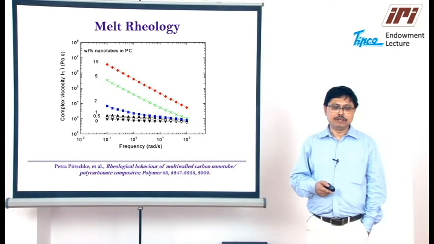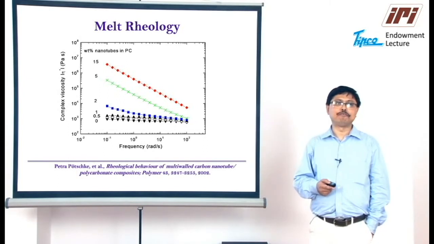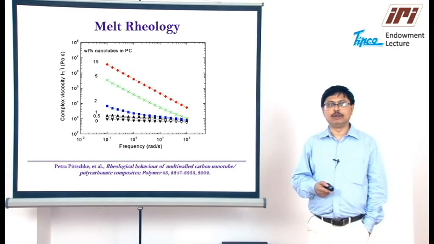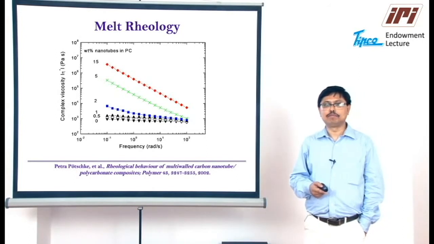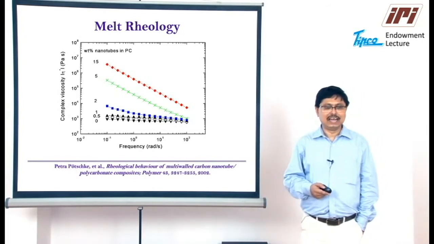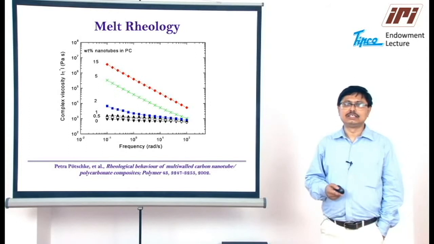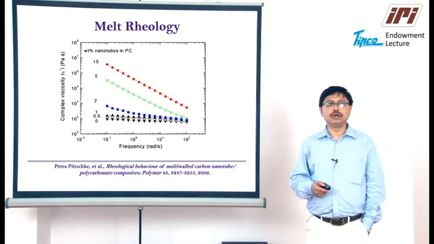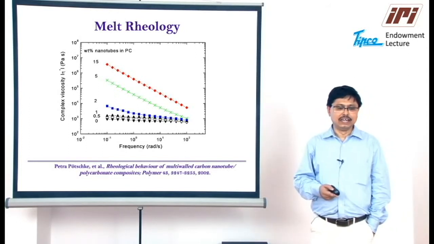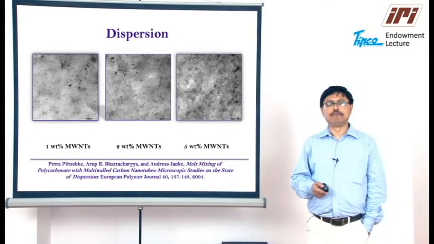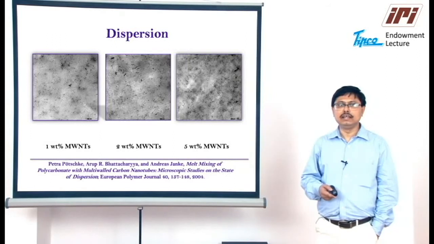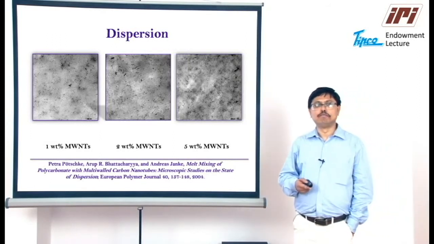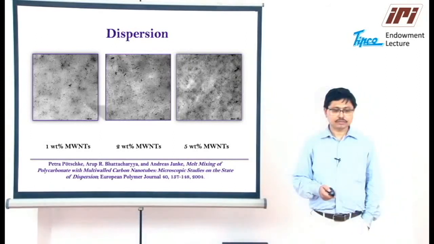Between 1 to 2%, one can find an increase in the slope in the low frequency, which indicates the development of a network-like structure. And this network-like structure, subsequently termed the rheological percolation threshold, is a little different from the electrical percolation threshold, which is completely dominated by the multi-wall nanotube network.